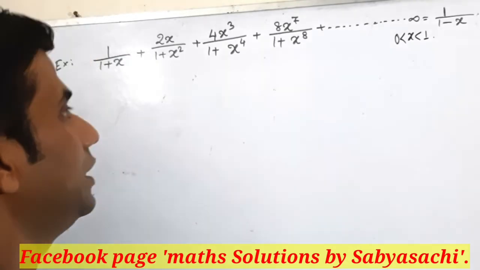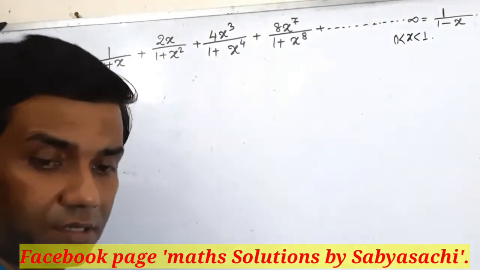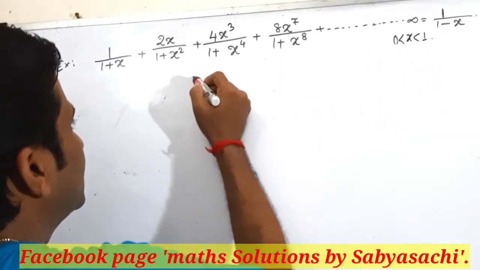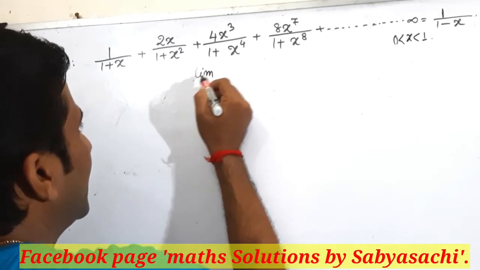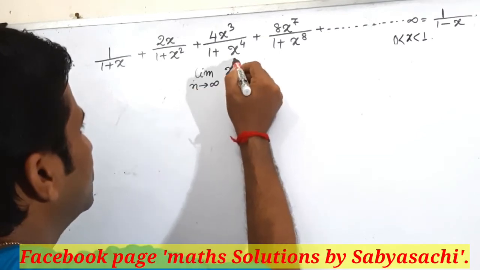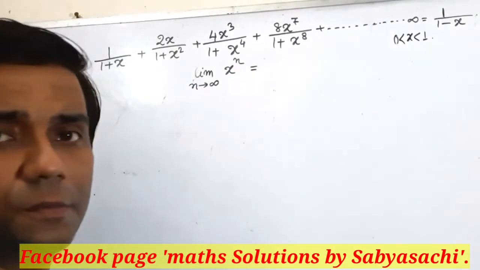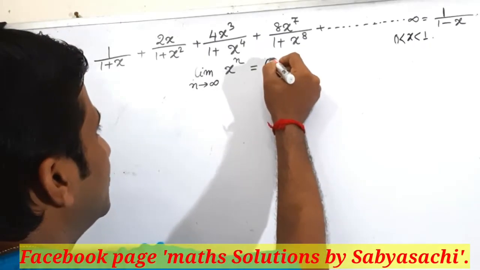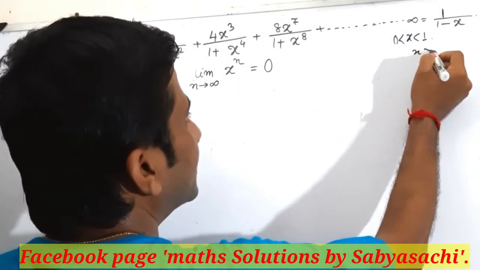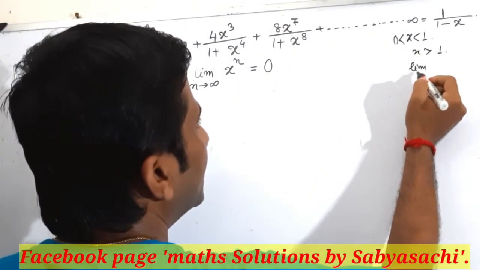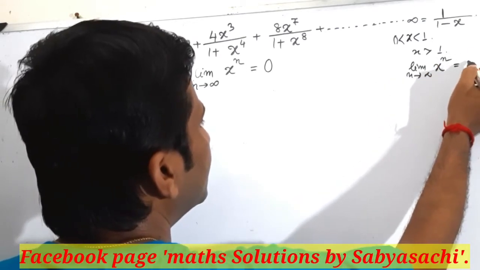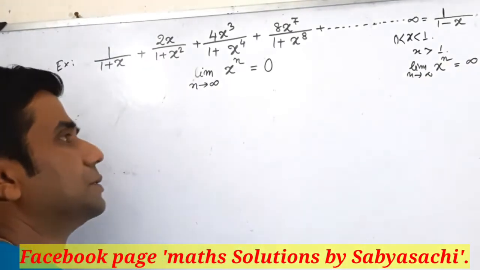You have to know, if 0 less than x less than 1, then limit n tends to infinity of x to the power n is equal to 0. And if x greater than 1, then limit n tends to infinity of x to the power n is equal to infinity.